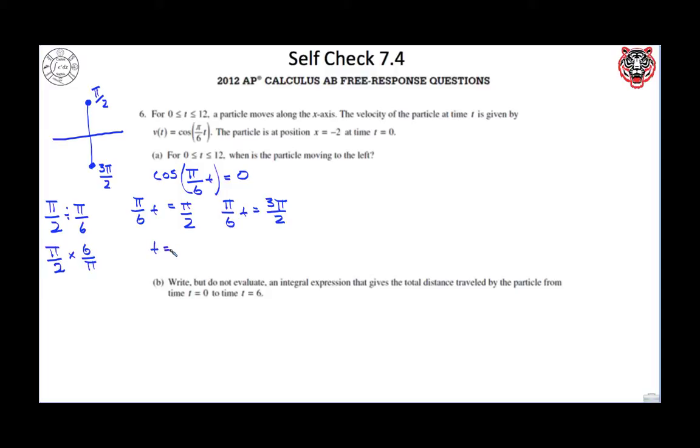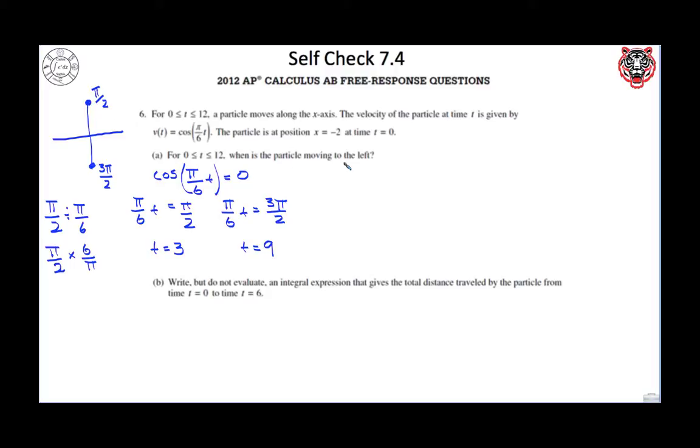So in this one, t is equal to 3, and if you do the same thing over here, t is equal to 9. So this is the time where we have velocity equal to 0.